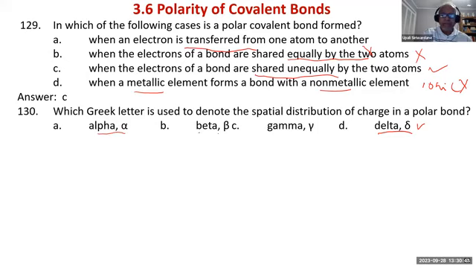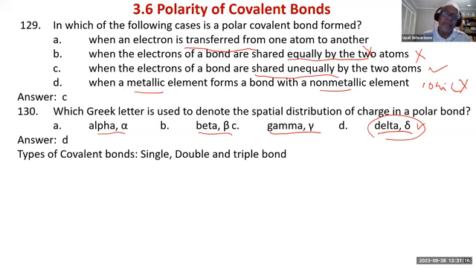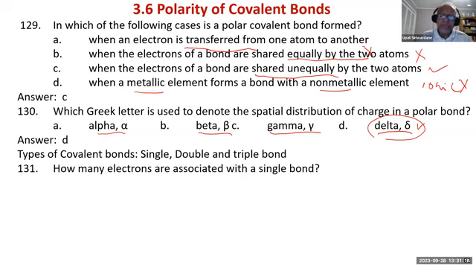If you remember from your previous classes, if you have heard about radiation, there are three ionizing radiations: alpha, beta, gamma. They don't apply to polar covalent bonds. That's a nuclear property, nuclear decay. So polar covalent bond electron distribution is indicated by delta. Answer is D.